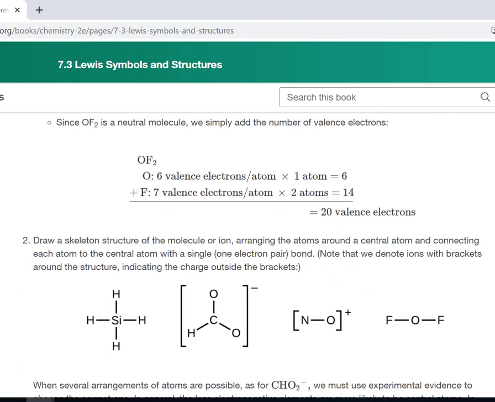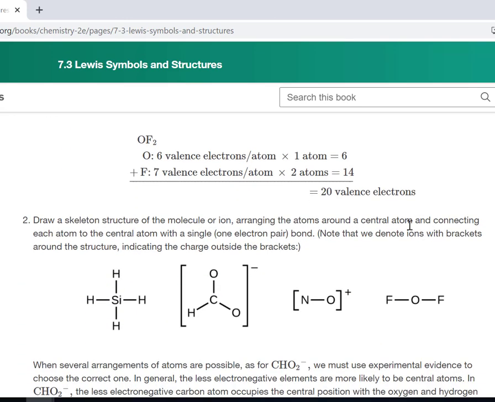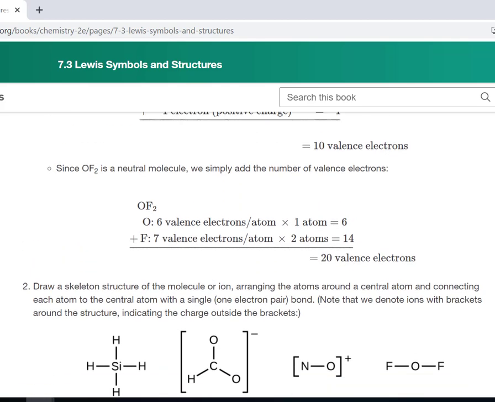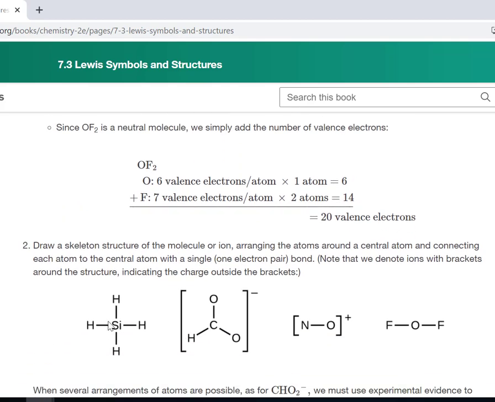So let's continue with our example. For the SiH4, the Si goes in the center and each of the hydrogens is connected to it. You'll notice that there is one thing connected to everything else, and likewise for these others. In this case, it doesn't matter which one we call central because there are only two of them.